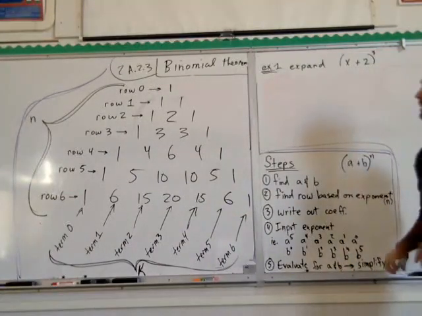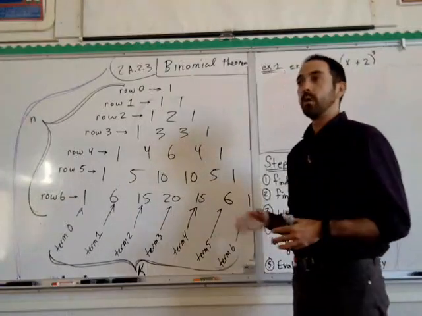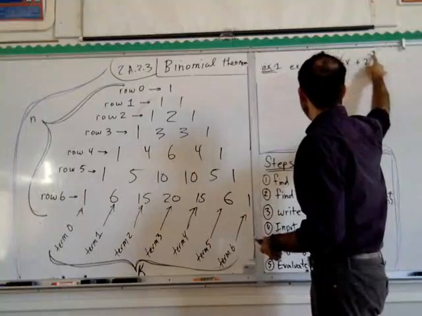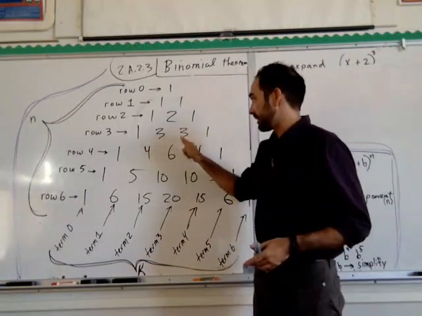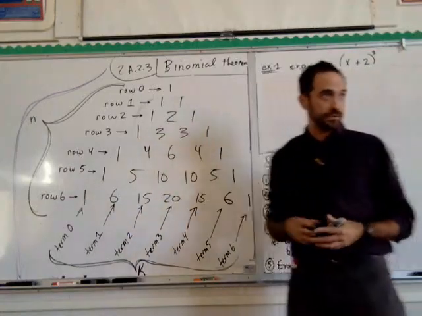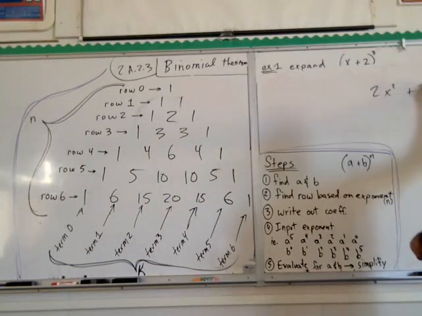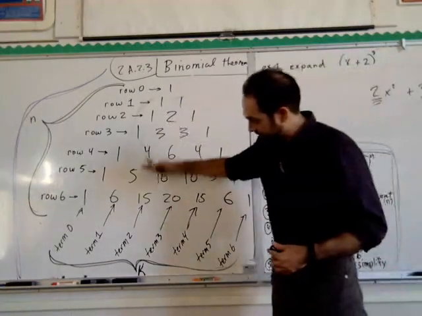Okay. So here's the deal. We know how Pascal works, and what we're going to figure out is that if it's to the 3rd power, I go to my 3rd row, and these values that are in the 3rd row are my coefficients. Remember, the coefficient is what's in front of my variable. The coefficients are all perfectly laid out for us.